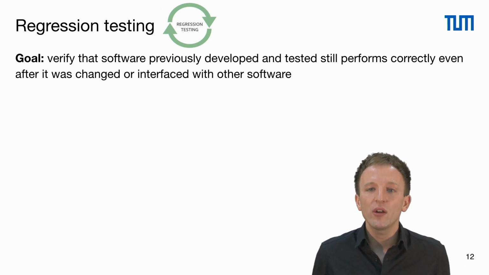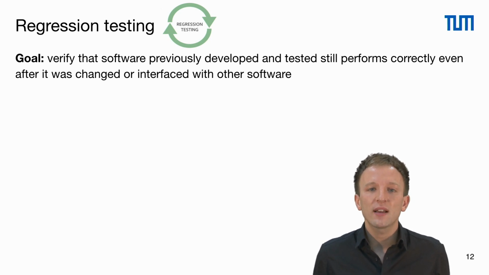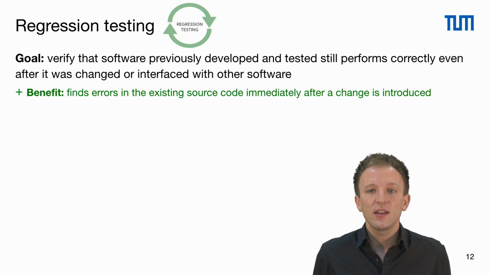If we test each change to the source code, we call this regression testing. Its goal is to verify that the software that was previously developed and tested still performs correctly even after it was changed or interfaced with additional software. The benefit is that developers find errors in the source code immediately after a change is introduced because all the test cases will be executed, and developers can immediately see if one or more test cases fail, and then they could fix the problems.